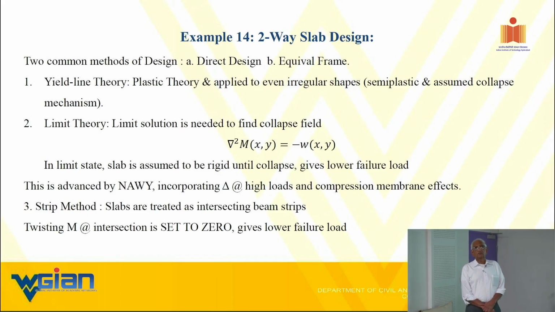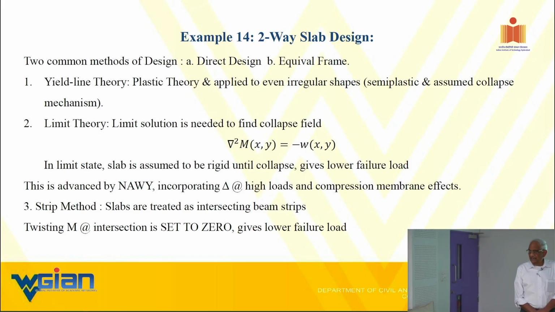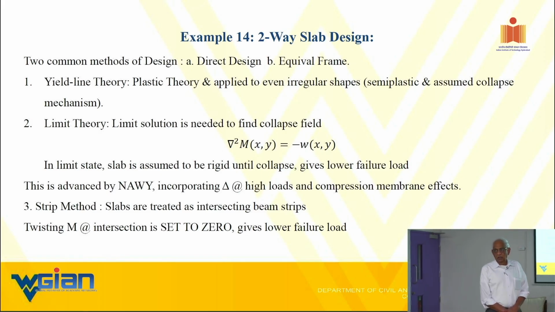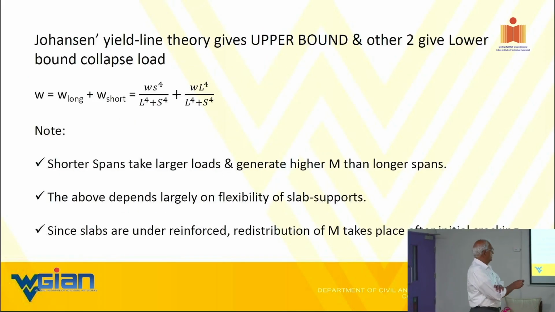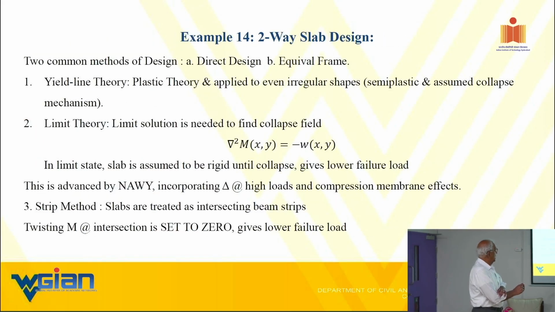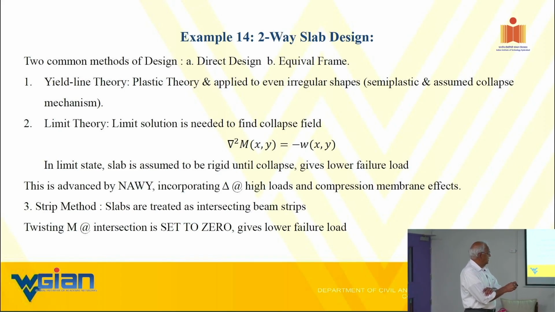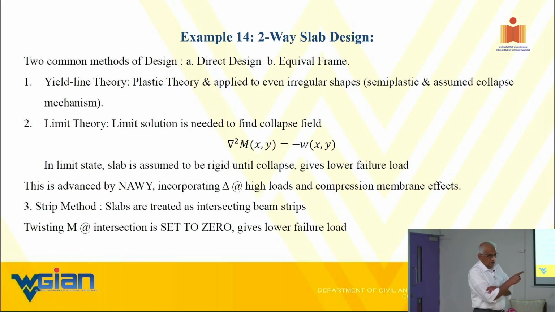Okay, first of all, what is this two-way slab? I already introduced it to you. It is a plate bending type issue, and your del square equation for the moment becomes a del 4 equation for the deflection. Same as your beam bending equation, right?